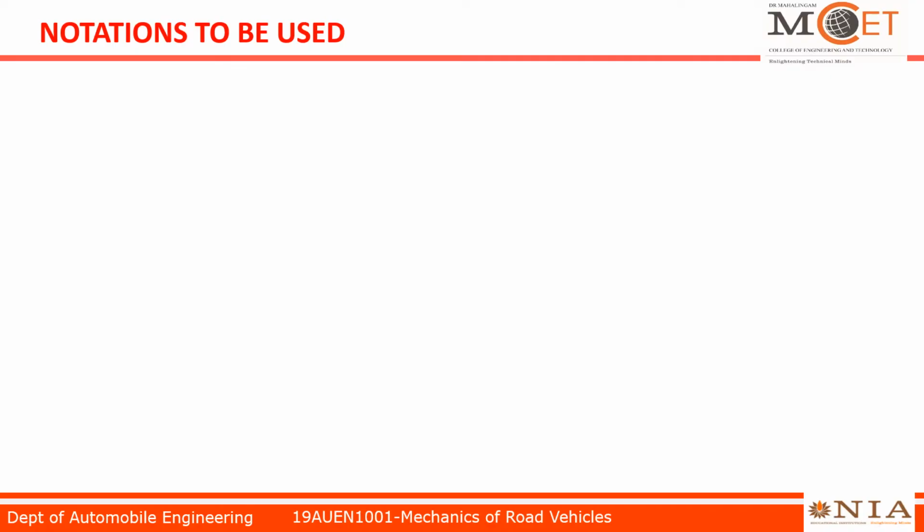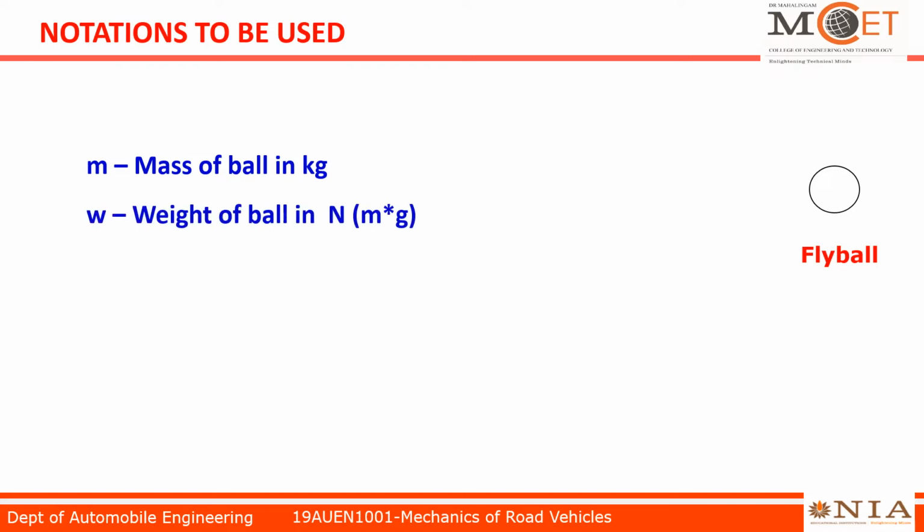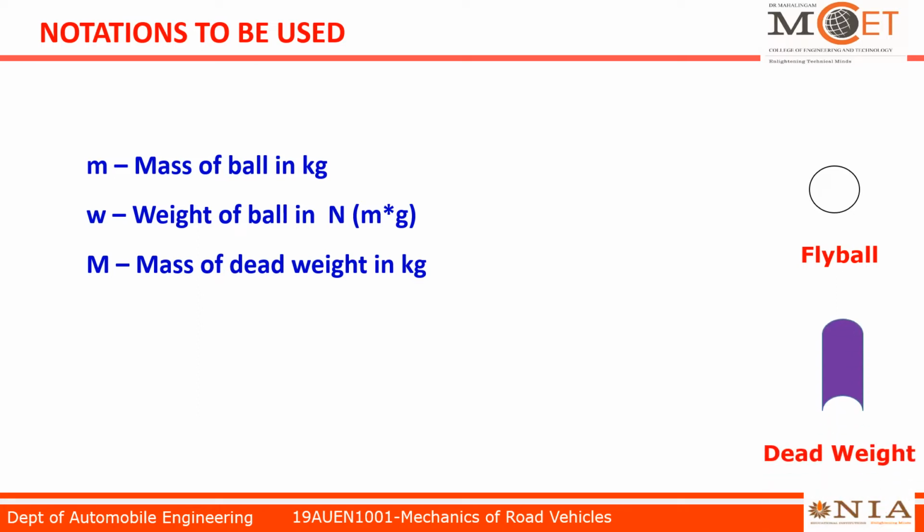The notations to be used in Porter governor analysis are: fly ball mass, small m, mass of ball in kg; small w, weight of ball in Newton, that is mass of ball into gravitational force; caps M, mass of dead weight in kg; caps W, weight of dead weight, that is equal to mass of dead weight, caps M, into gravitational force.